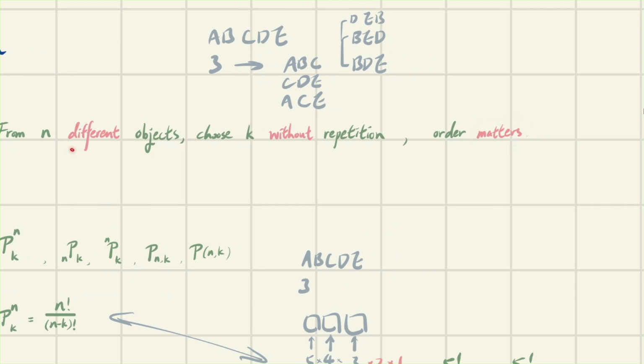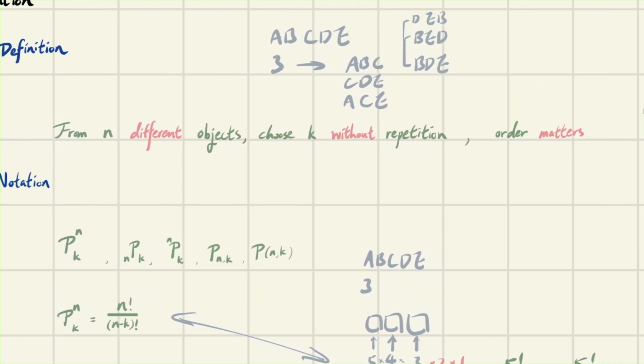I have to emphasize these because in future videos we'll see combinations. For combinations, order doesn't matter. Then how do we count it? So we have to remember that it's different objects without repetition, and order matters.